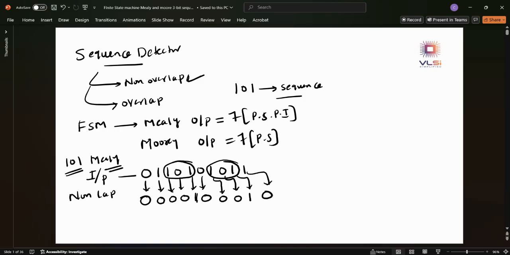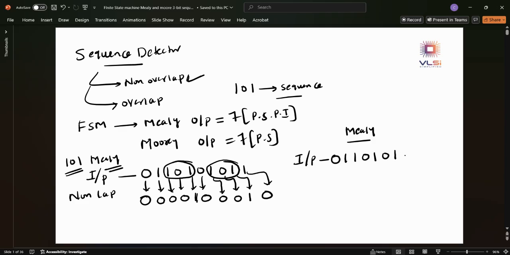Now let us see the Mealy overlapping sequence. I will take the same random sequence: 0 1 1 0 1 0 1 0 1 1.